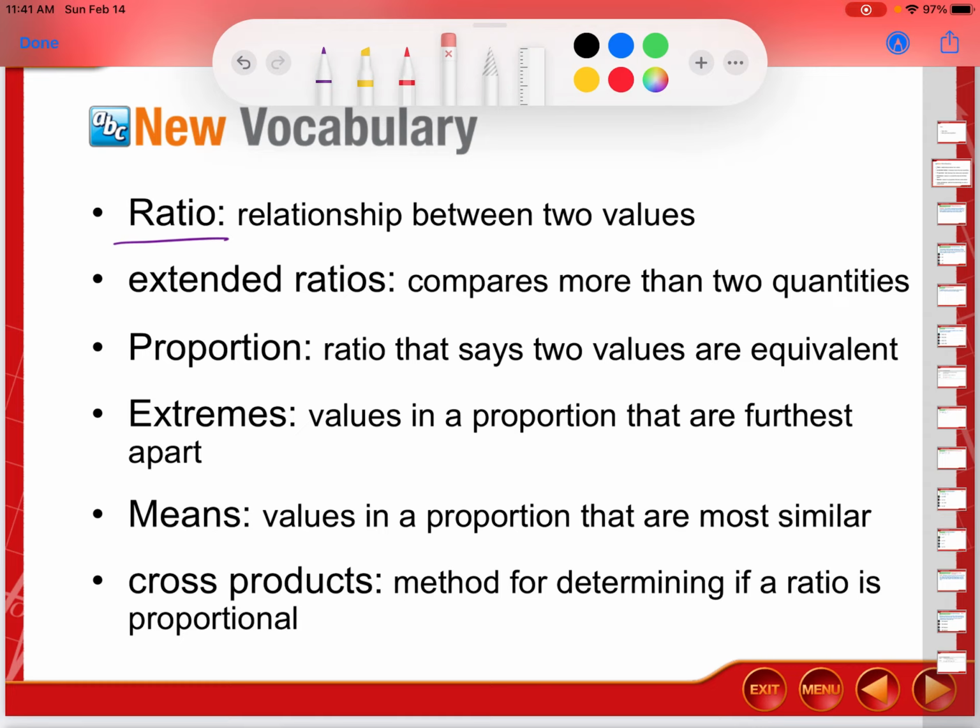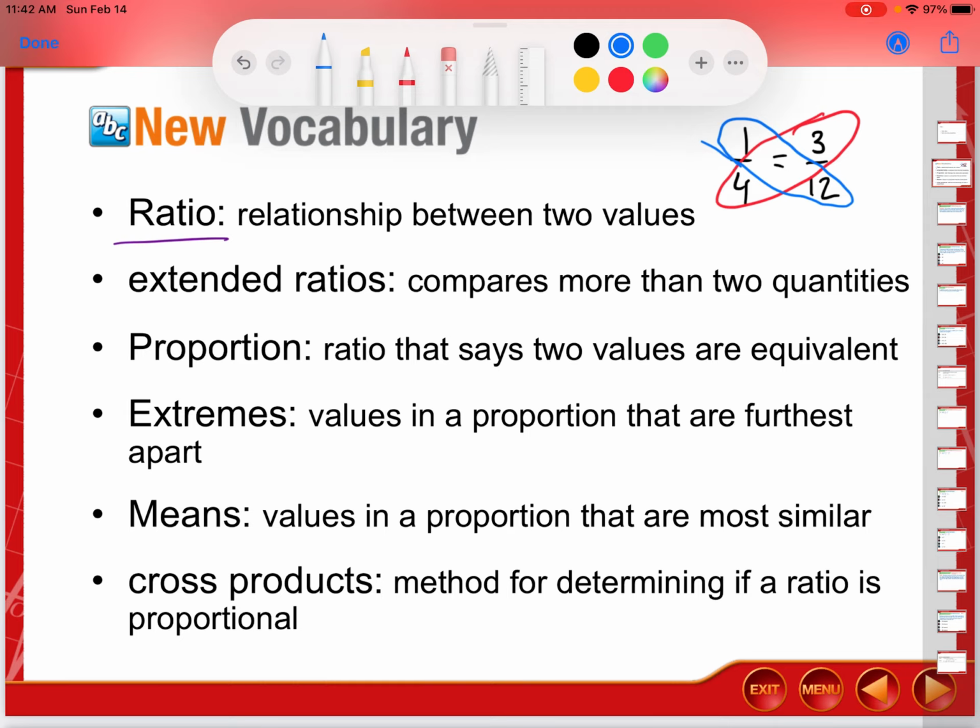So if I had 1/4 and I was comparing it to 3/12, my means would be these two values in red that are most similar, and my extremes would be 1 and 12, the ones that are furthest apart.